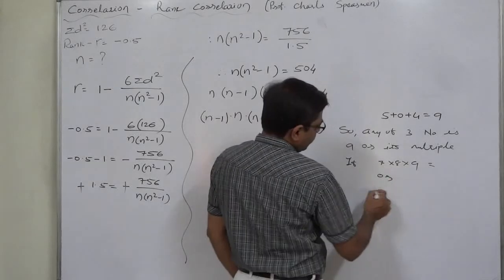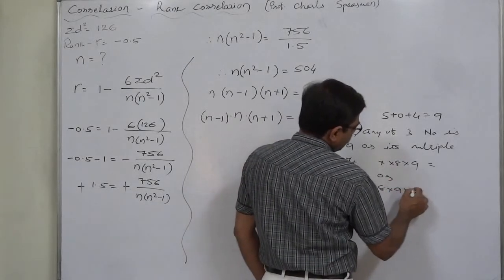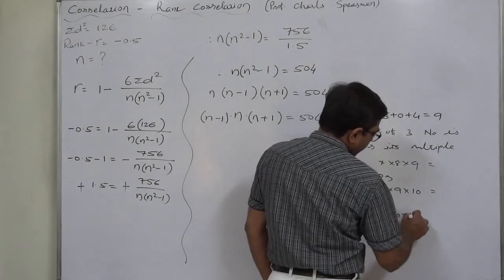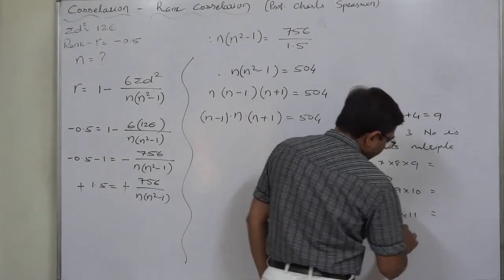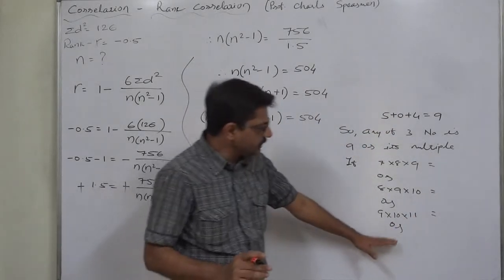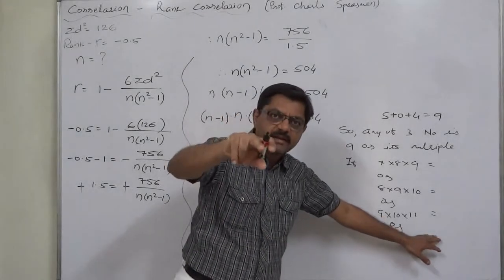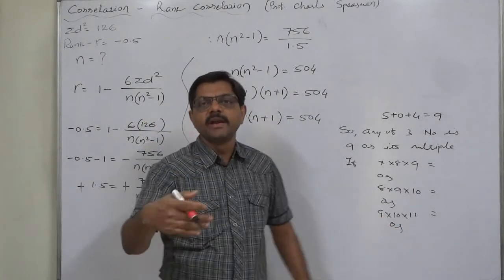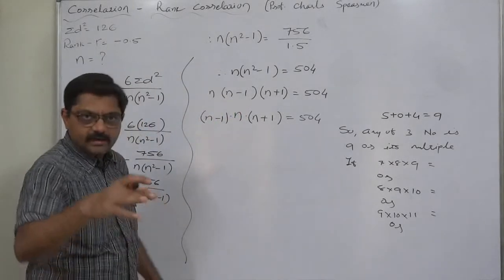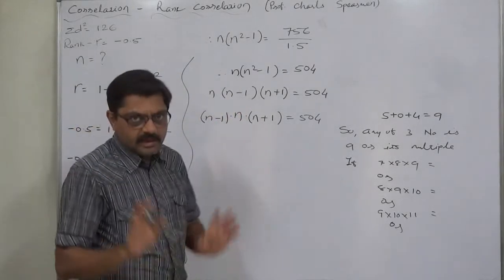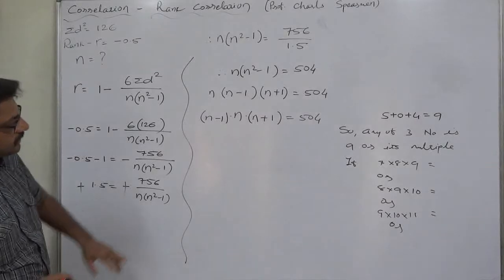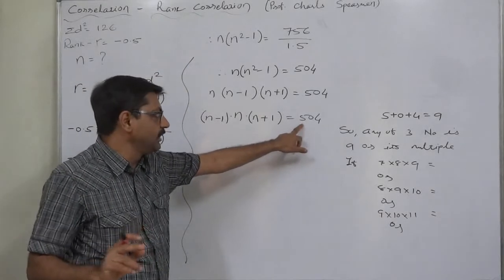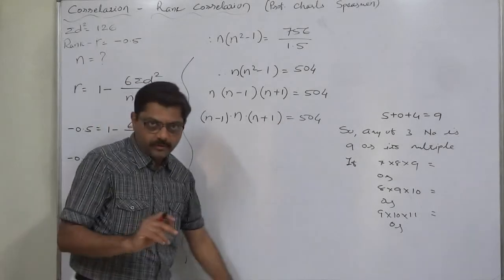Or it can be 8 into 9 into 10, or 9 into 10 into 11, or 16 into 17 into 18, because in these three values 18 is a multiple of 9. It can be 17 into 18 into 19, it can be 18 into 19 into 20, but our common sense says that the values are not that much greater because the multiplication of the three values is only 504.